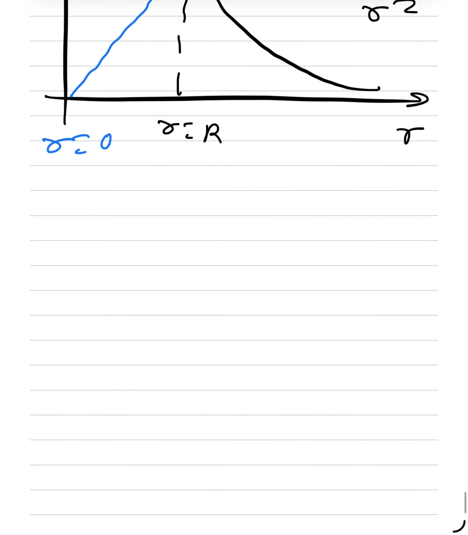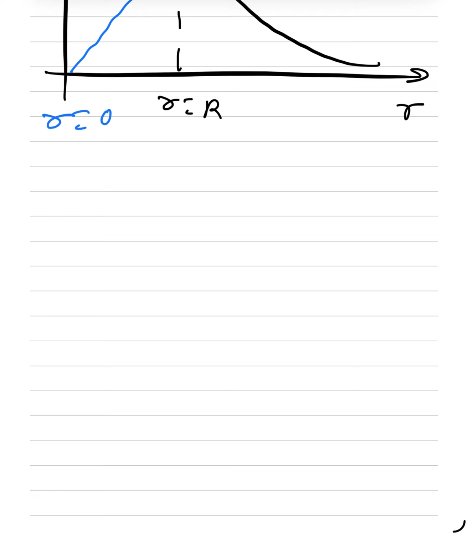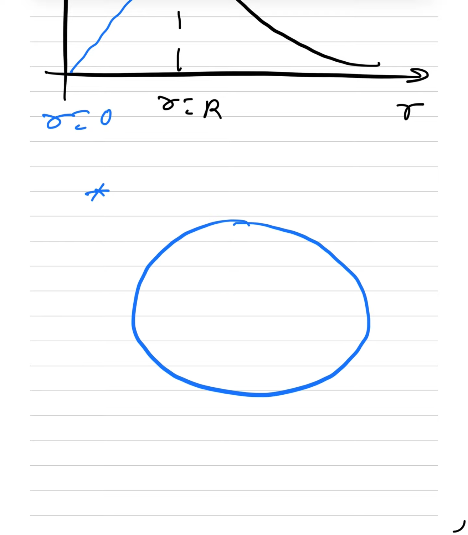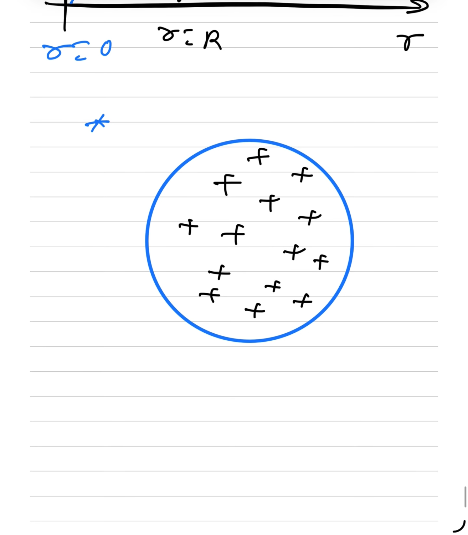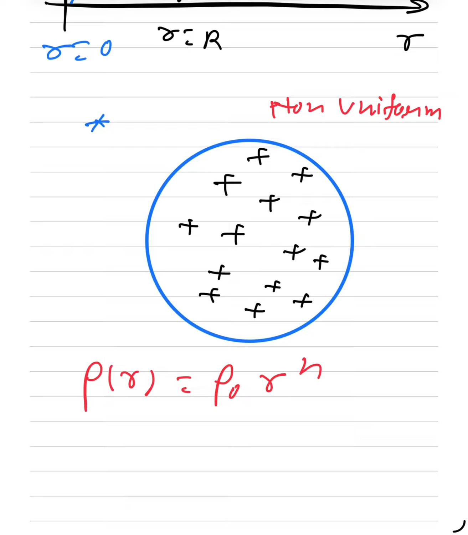For the next problem, electric field due to a non-uniform insulating spherical object. This is a non-uniform insulating spherical object, with charge distributed like this, and for the non-uniform case, rho of r equals rho naught r power n.